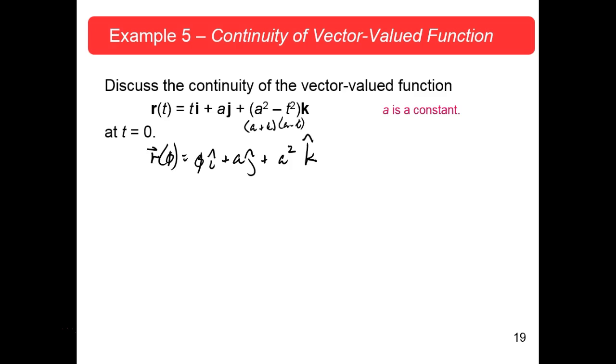Now, discuss the continuity there. I don't know really what they're getting at, except there is no i component. It has an i component everywhere except t equals 0. So there the i component goes to 0. The a doesn't change at all, so you're just coming down.